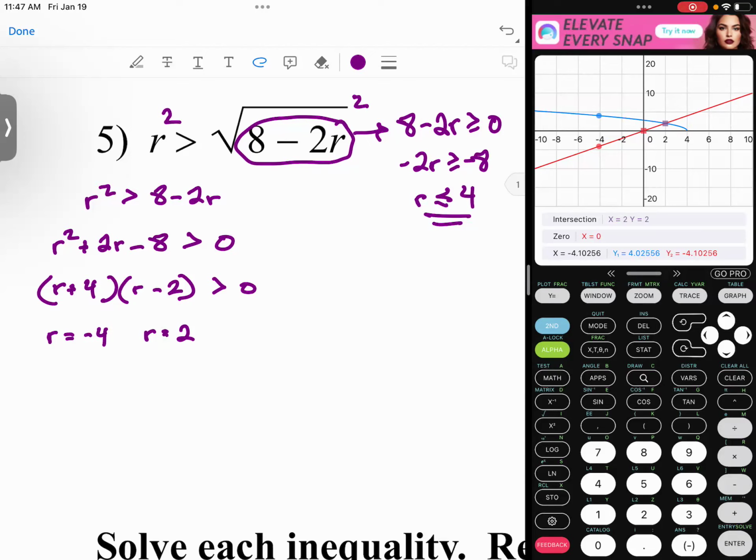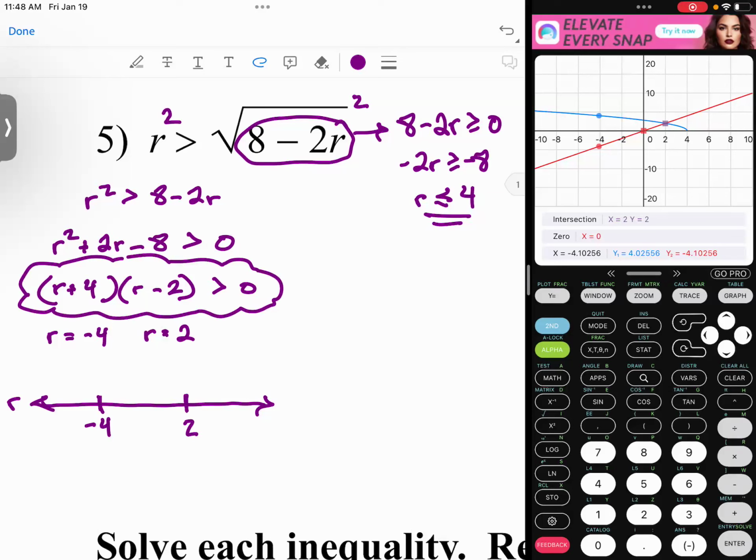But what you usually do with a quadratic inequality is you do what's called a sign test. You put your zeros on this little number line. So these would be values for R. And basically we're gonna plug them in right here and see which ones give us true statements.